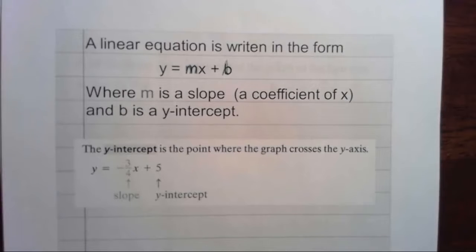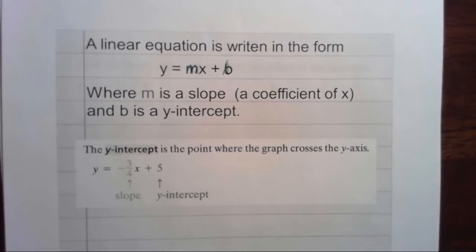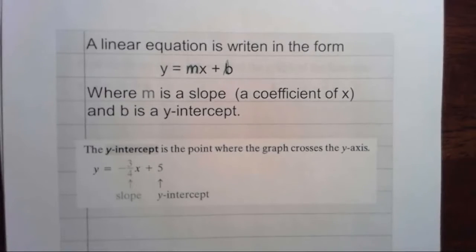So right here, the slope is negative 3/4, and the y-intercept is 5. Meaning my line will cross the y-axis at 5, and then I will have a slope of negative 3/4, and we'll be graphing. But the most important part is to be able to read slope and y-intercept from the equation.